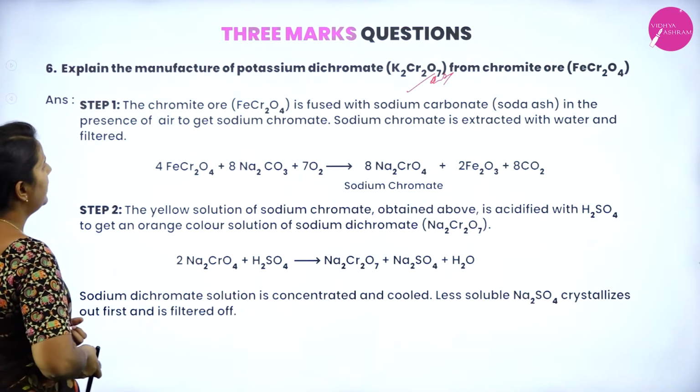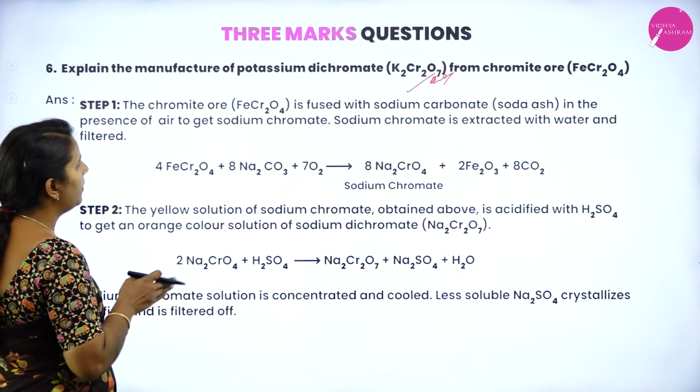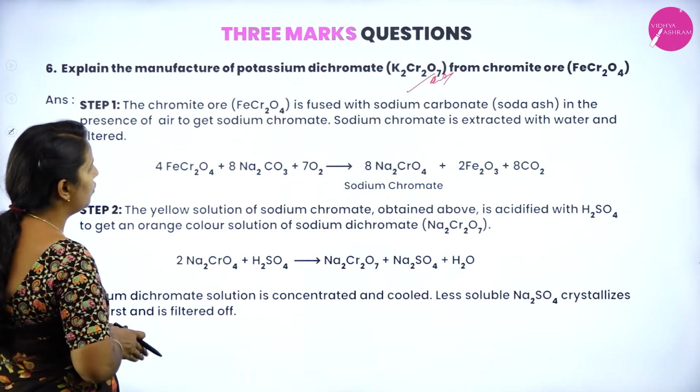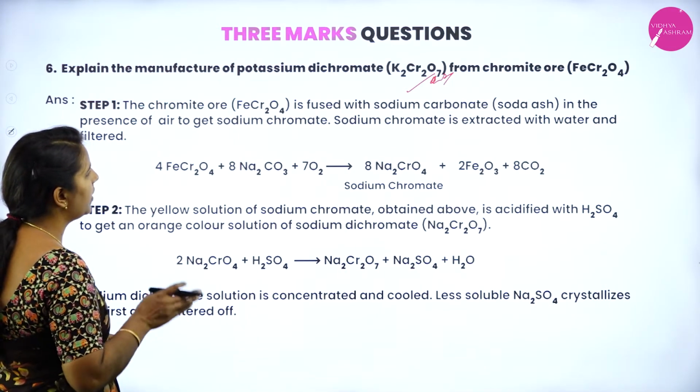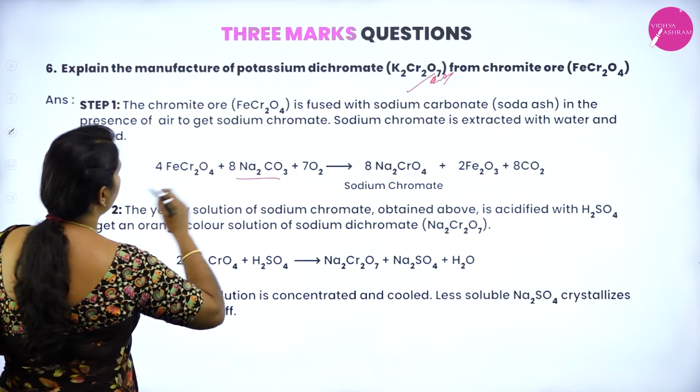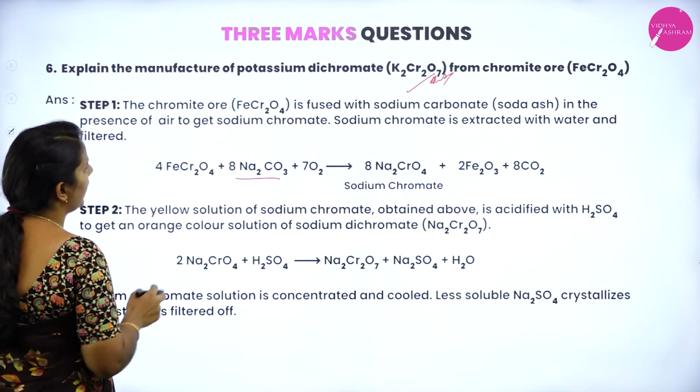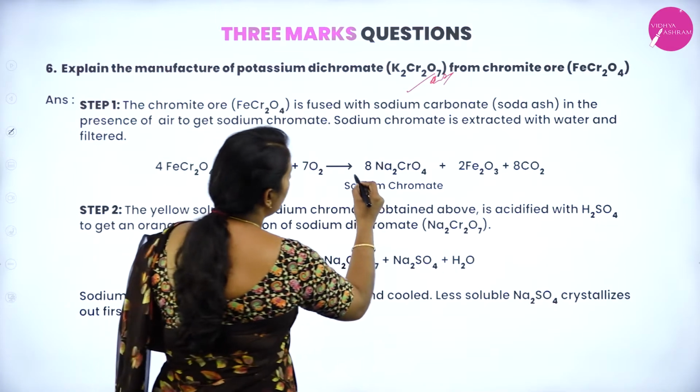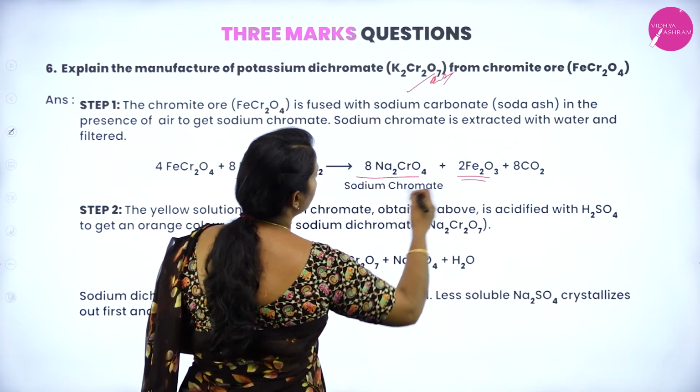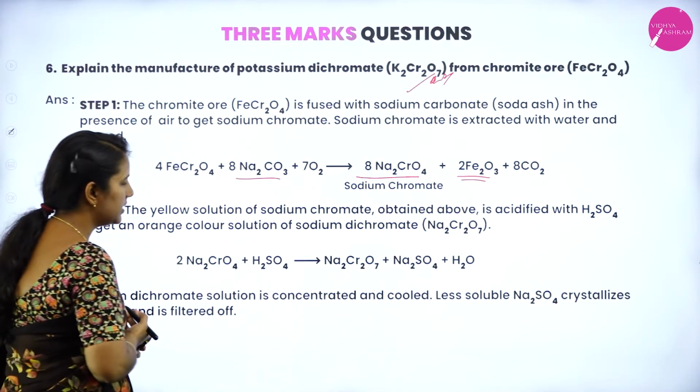So, in the first step, the chromite ore, that is FeCr2O4, is fused with sodium carbonate, that is Na2CO3, in presence of air. It forms sodium chromate with the formation of ferric oxide, and carbon dioxide is released.